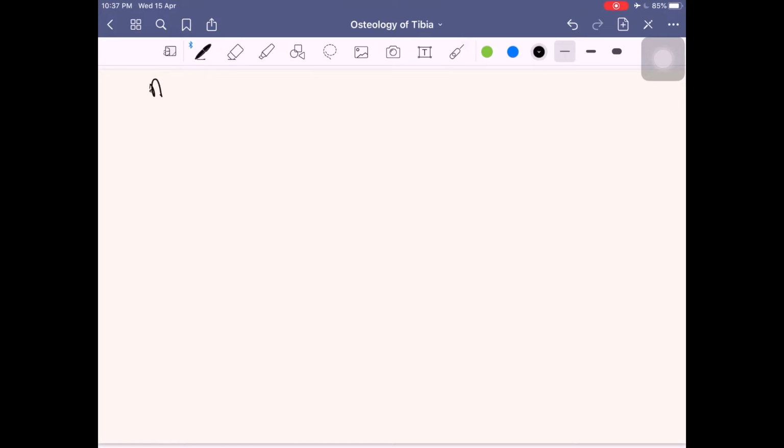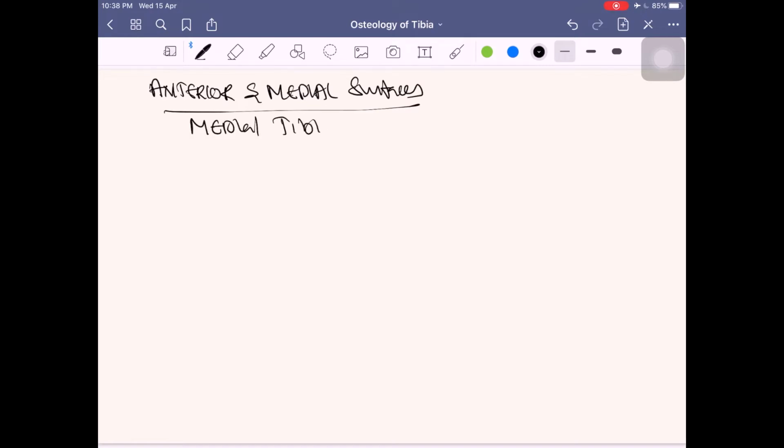Next, the anterior and medial surfaces together, as the features are the same. So the anterior and medial surfaces of your medial condyle. To see this again, you'll get this picture.